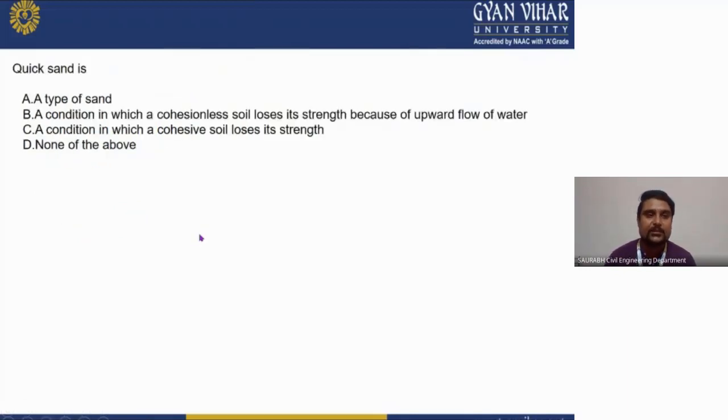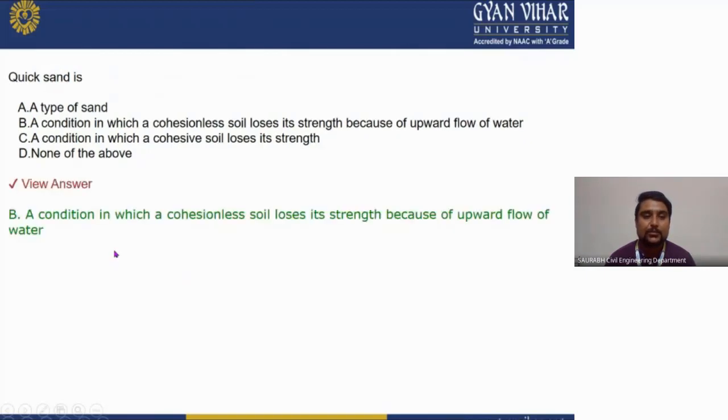Now the next question is about quicksand. What is quicksand? It is a condition in which cohesionless soil loses its strength because of upward flow of water. Option C given here says a condition in which the cohesive soil loses its strength, and the next one is none of the above. This is a very important question, and it came in many government exams. So the right answer will be: quicksand is a condition in which the cohesionless soil loses its strength because of upward flow of water.